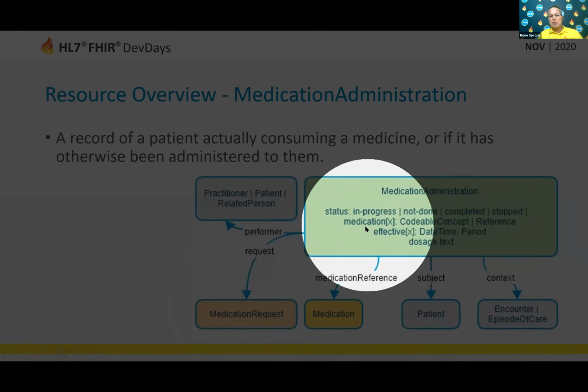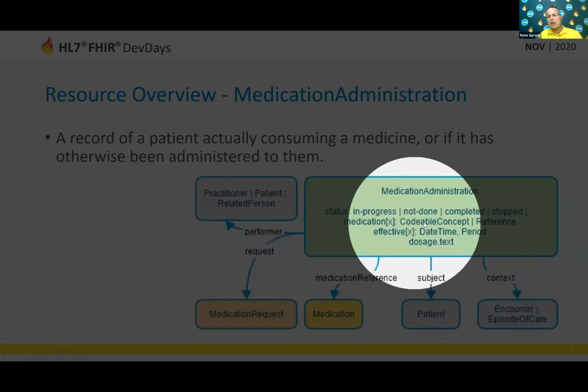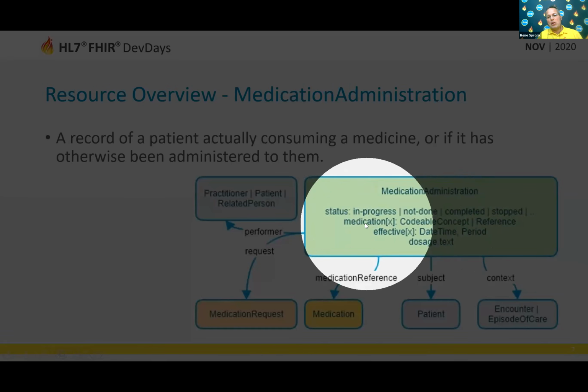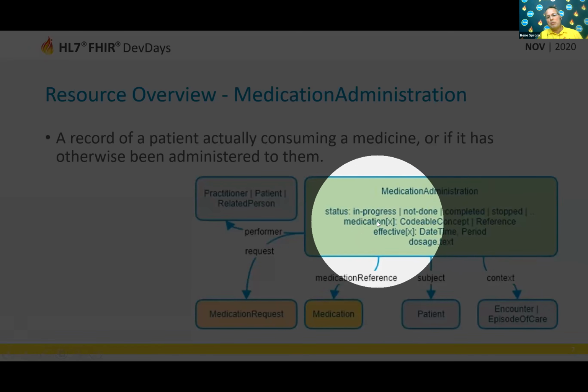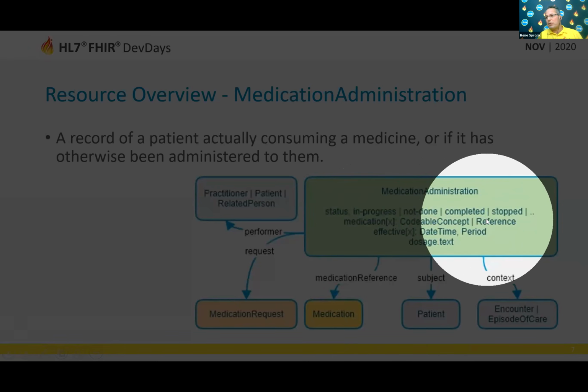Note that, as I identified earlier on, quite often it's sufficient for a medication to be identified via means of a code. This could be a SNOMED code or some other terminology that's appropriate to identify the specific medicinal product. So medication is modeled here in this administration, but likewise in the prescription, as either a code or a reference.